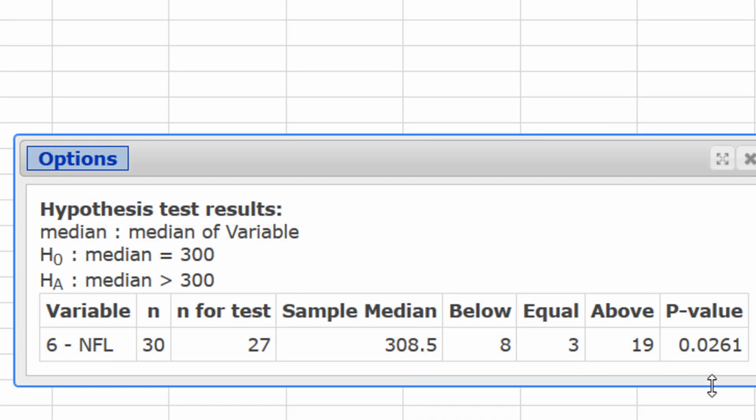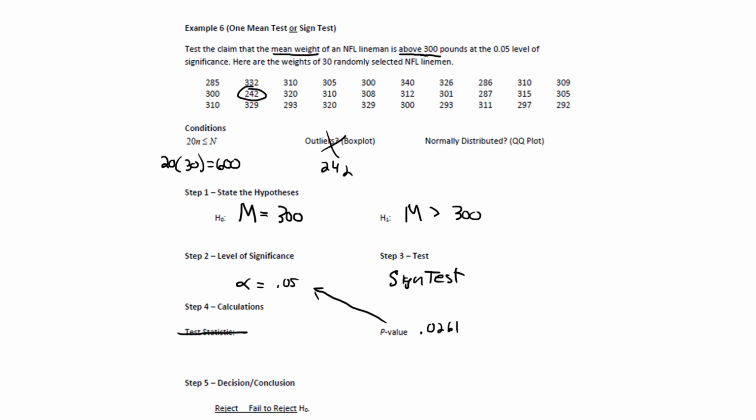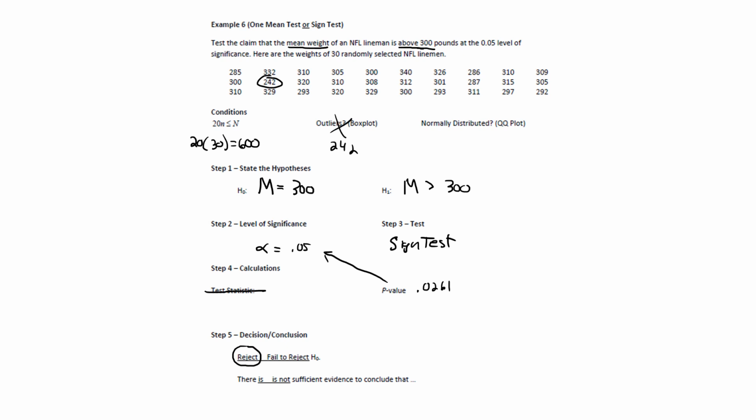Our p-value is 0.0261. Again, we're not going to write the test statistic for a sign test, but the p-value works out to be 0.0261. And when we compare that to the level of significance, it's less than 0.05. So we will reject the null hypothesis. We're going to say that our assumption that the median is 300 is false.